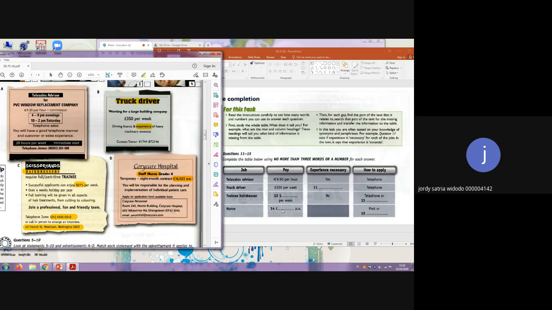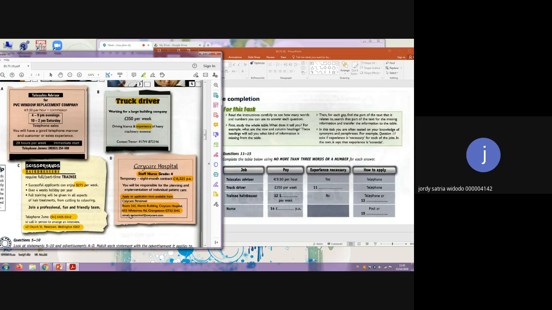And then how to apply for the nurse. You can also post, but perhaps you cannot use post for number 13 since post is used for the nurse, telephone or post. And then number 15, the application for the nurse. Okay, you can post it to this address.